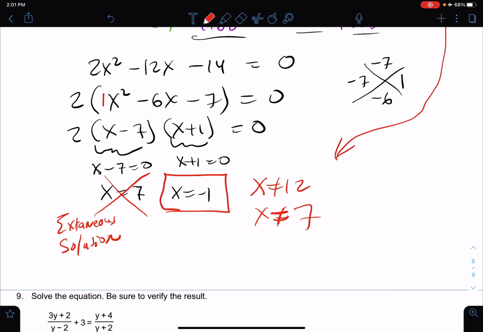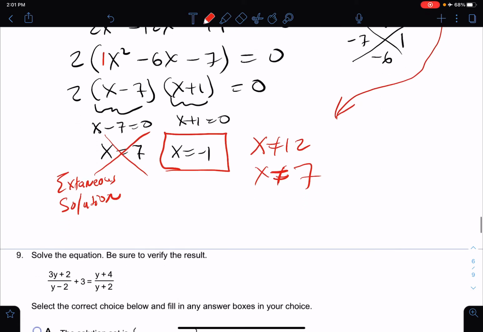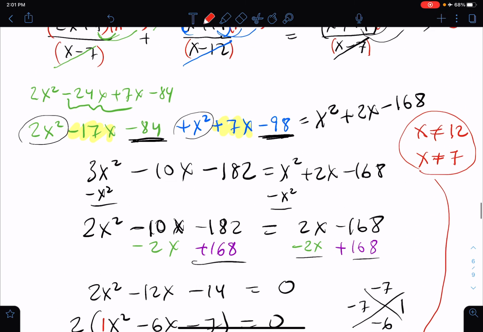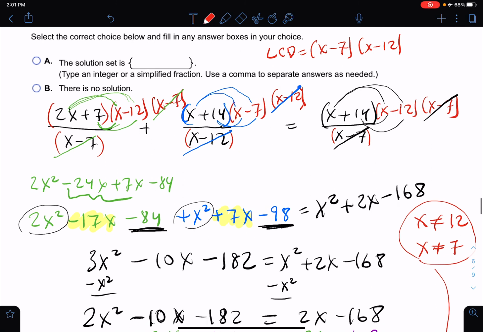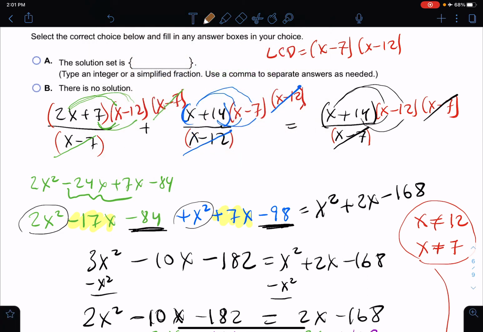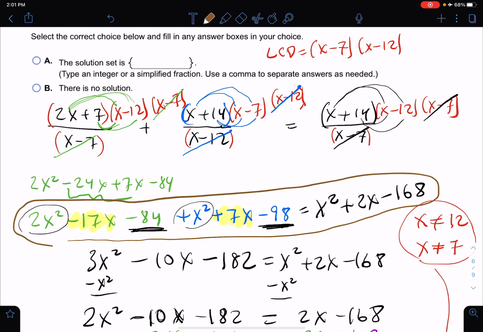It's a great example that you will be punished if you don't check those restrictions in the end. Once again, what does that mean? We got 7 for an answer and negative 1. Those two answers work perfectly for the equation that I got after I cleared the fractions.